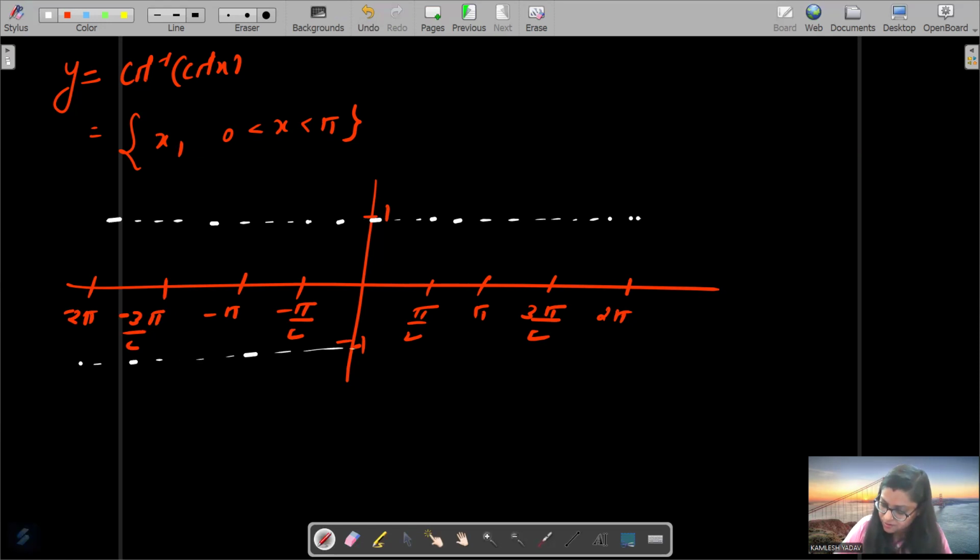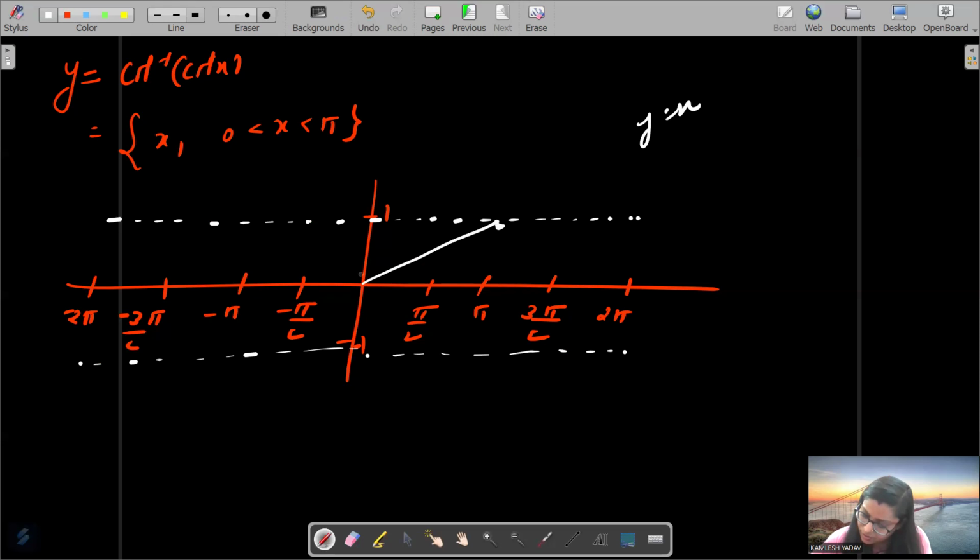Okay, so y is equal to x lies where 0 to pi, like this, y is equal to x.